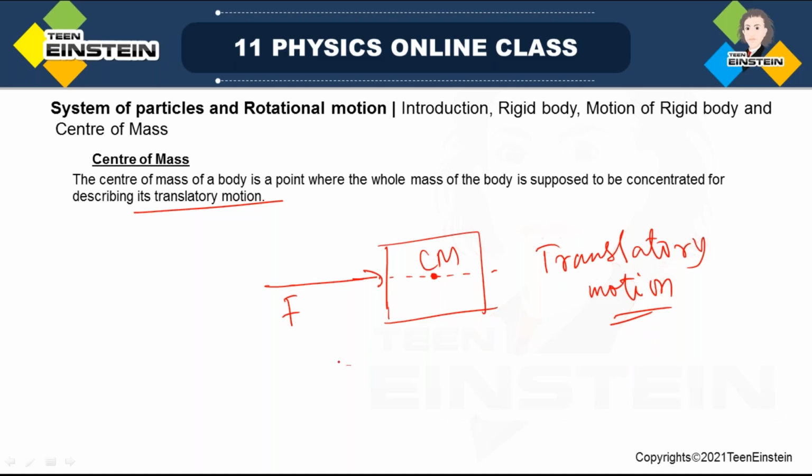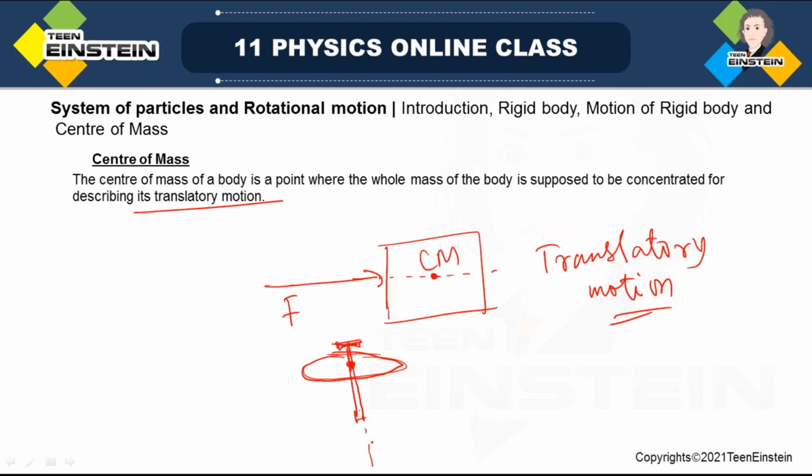Okay, let us take a simple example. Suppose I have a hammer like this. The center of mass is somewhere here.